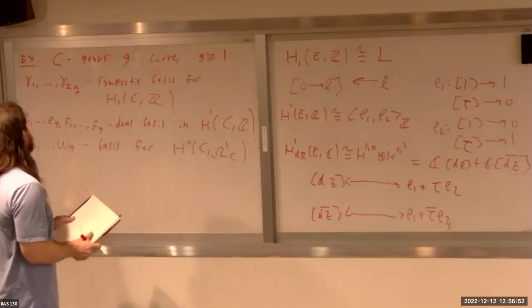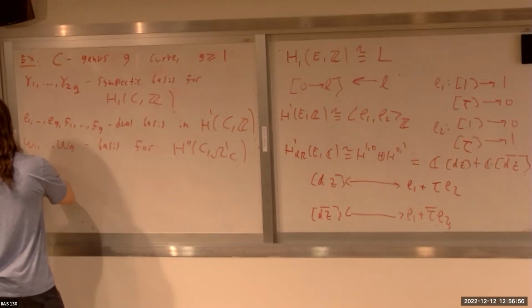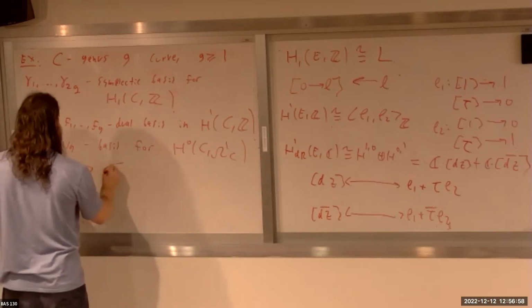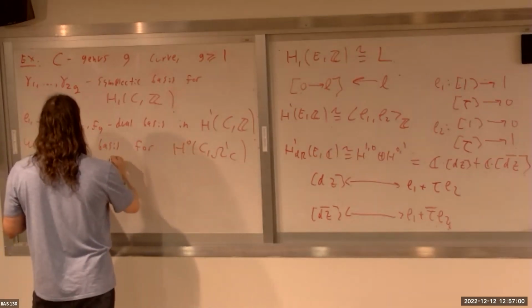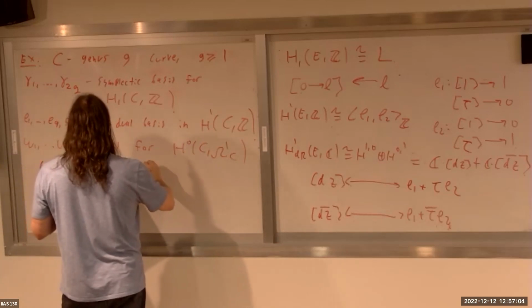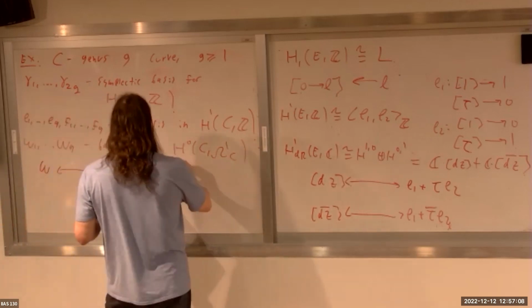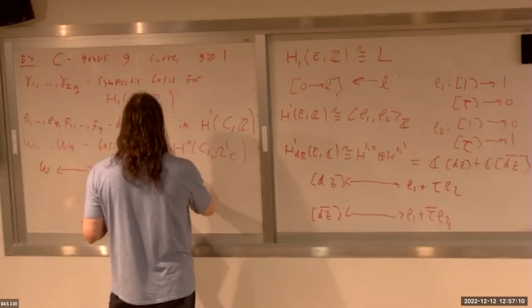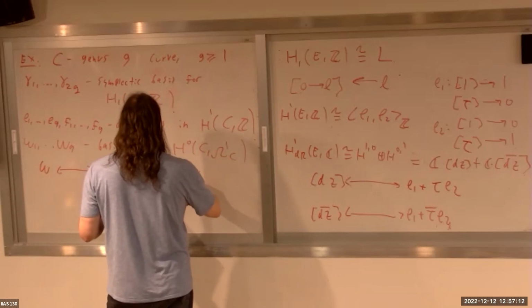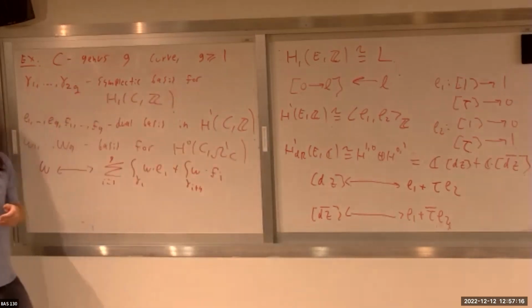Okay, so now things are less explicit, but we still have our isomorphism, which sends omega to the sum from i equals 1 to g of the integral of omega over gamma_i times e_i plus the integral of omega over gamma_{i+g} times f_i, by the same computation.